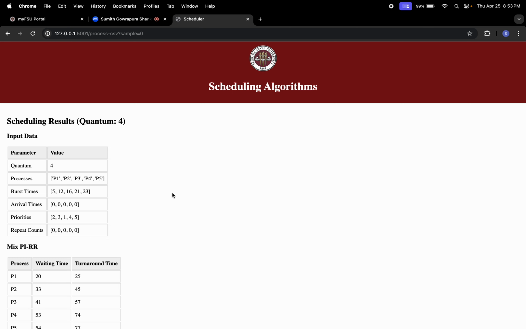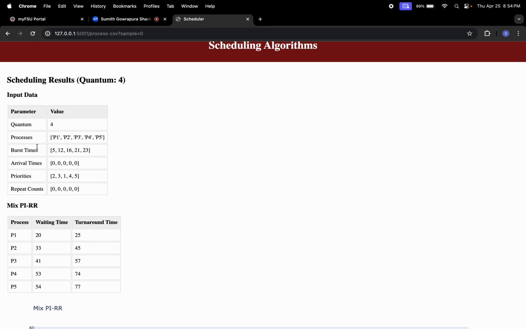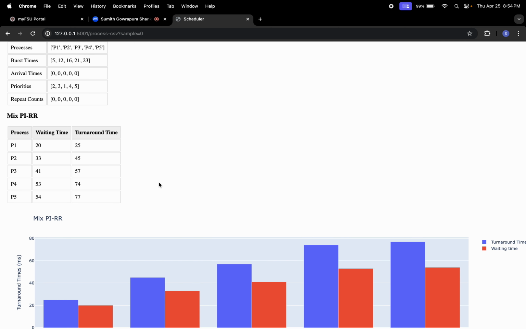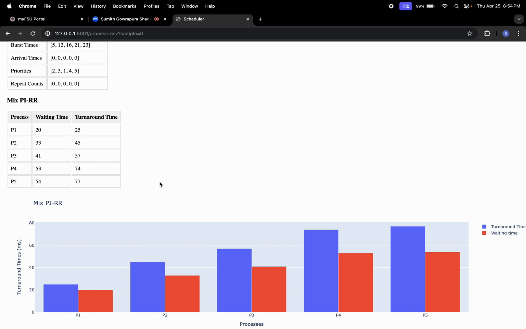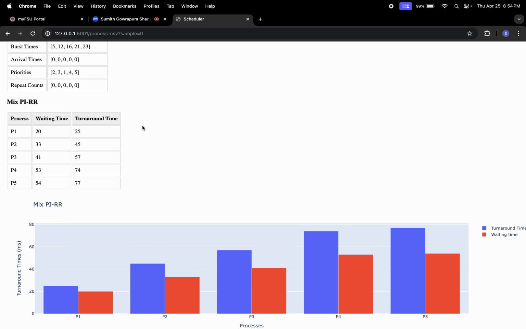So this is sample one, where the quantum is 4, and these are the input values that we had given: the process, burst time, arrival time, priorities, and the repeat counts. We have a tabular representation of the results of all the algorithms, a different table for each algorithm.